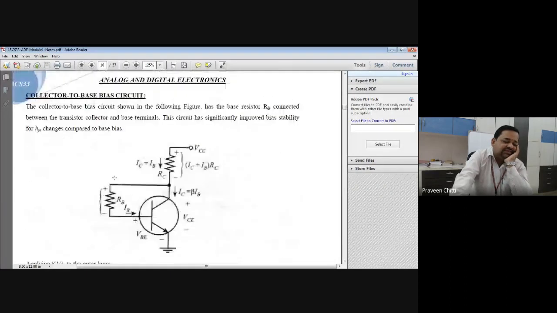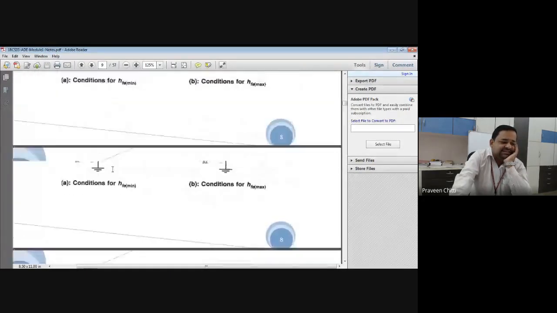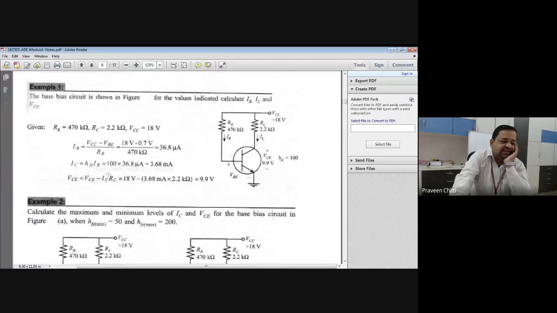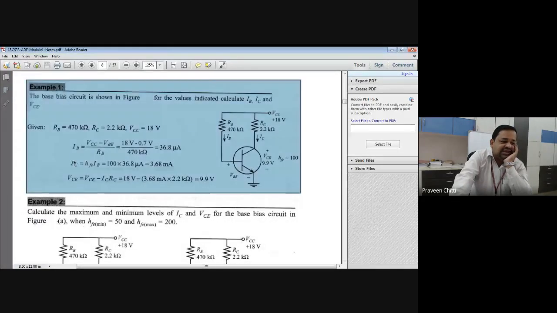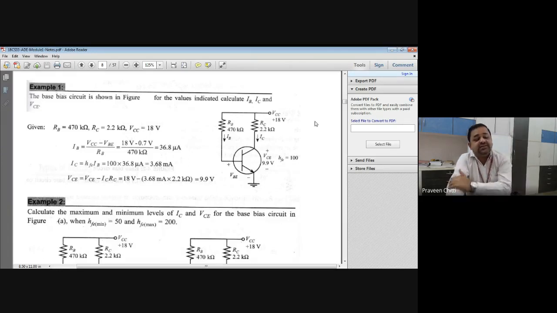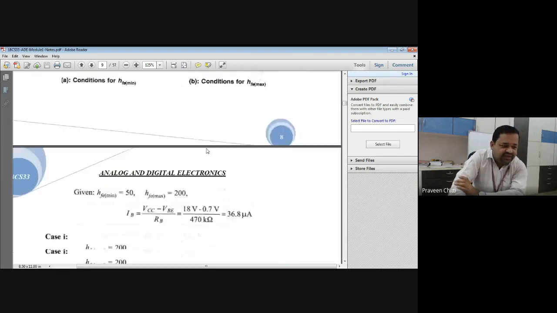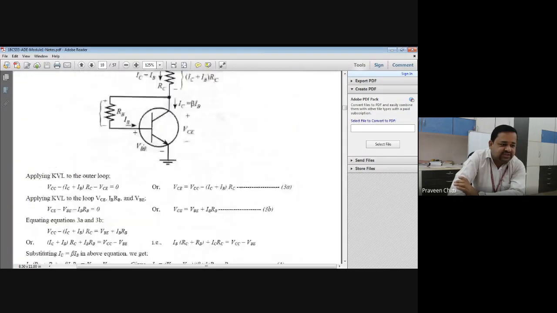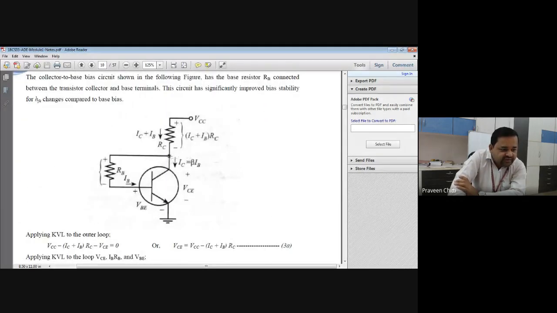The advantage of this circuit over the fixed bias circuit is that in the fixed bias circuit, collector current IC was entirely dependent on beta. So if you change the transistor, the beta value will change and IC will change immediately. That was the disadvantage of the fixed bias circuit, and it is overcome in this circuit by giving feedback from output to input.